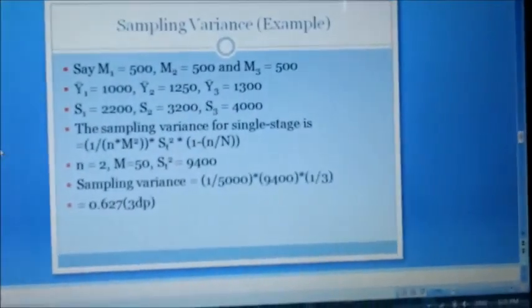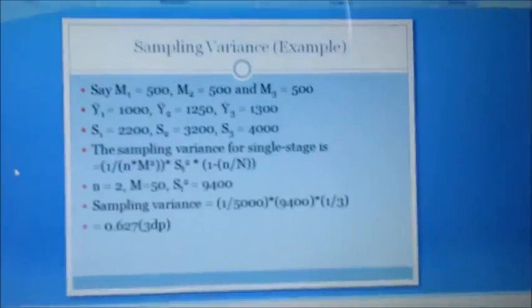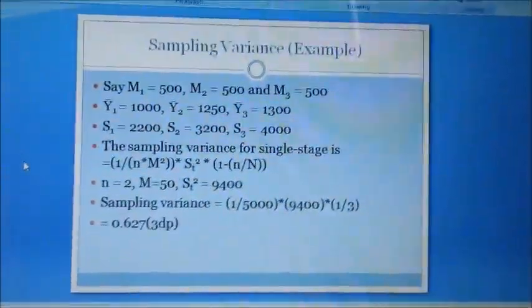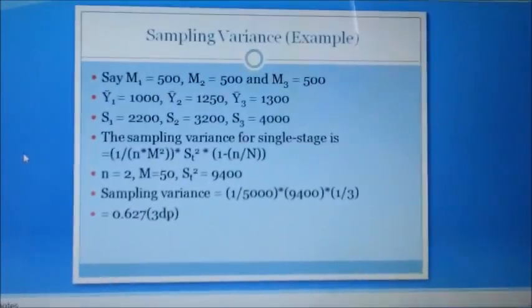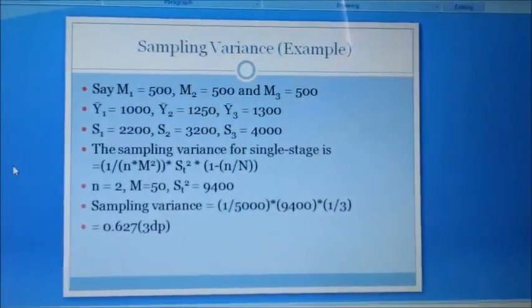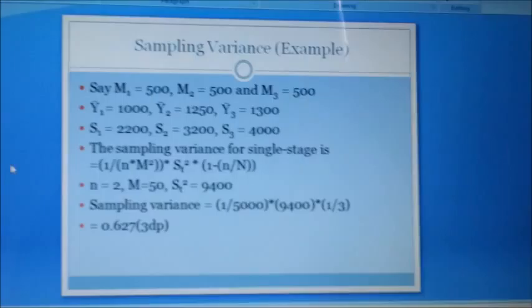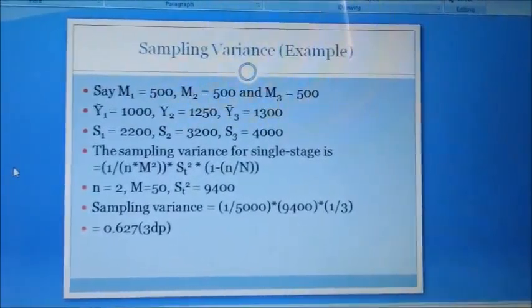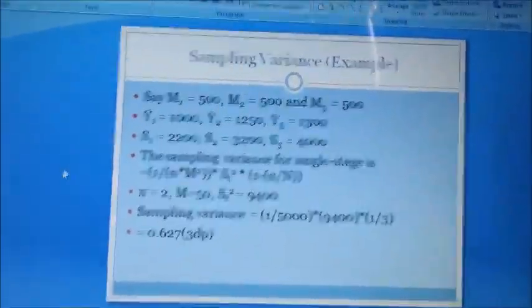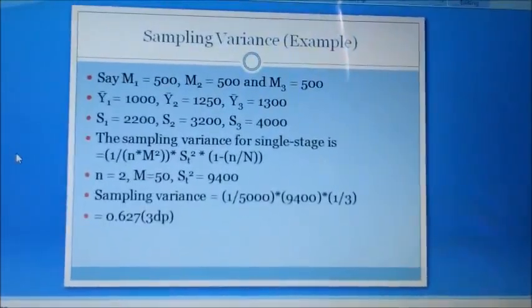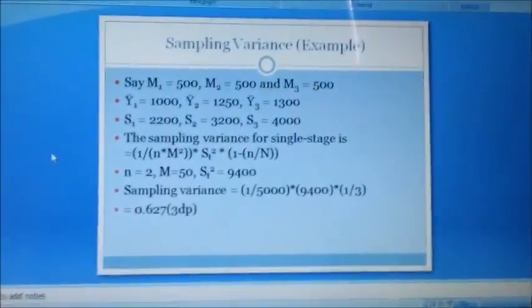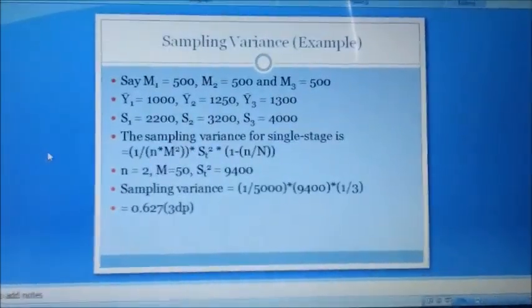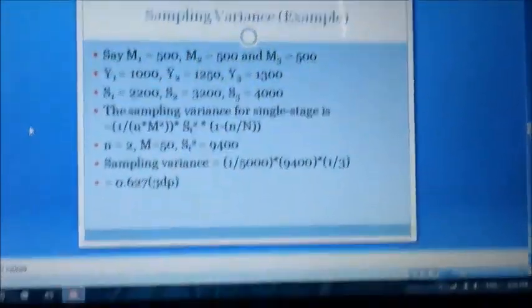So here's an example of how to calculate sampling variance. Say that M1 equals M2 equals M3 in this case, which means that they're all equal to 500. y1 bar, which is the population mean for cluster 1, is 1000, y2 bar is 1250 and y3 bar is 1300. So we have S1 equals 2200, S2 equals 3200, and S3 equals 4000.